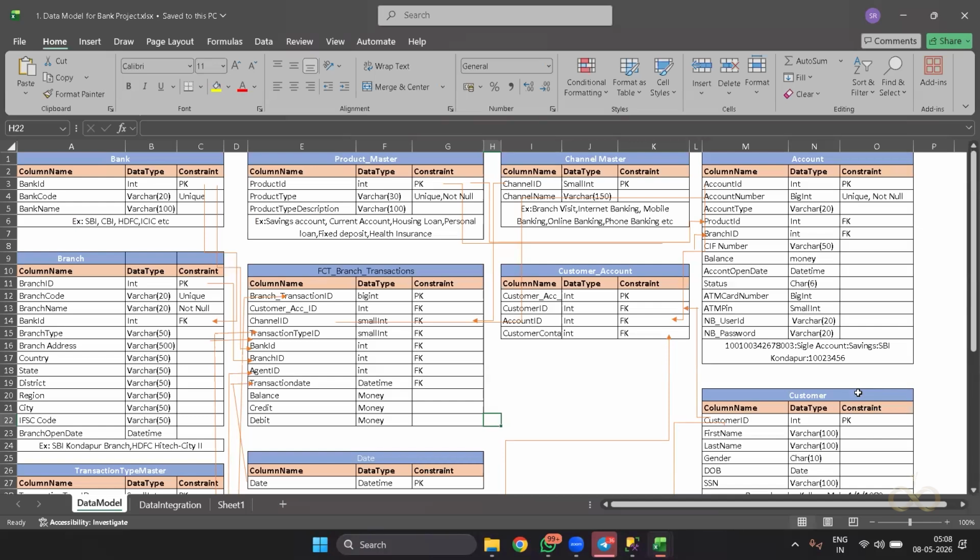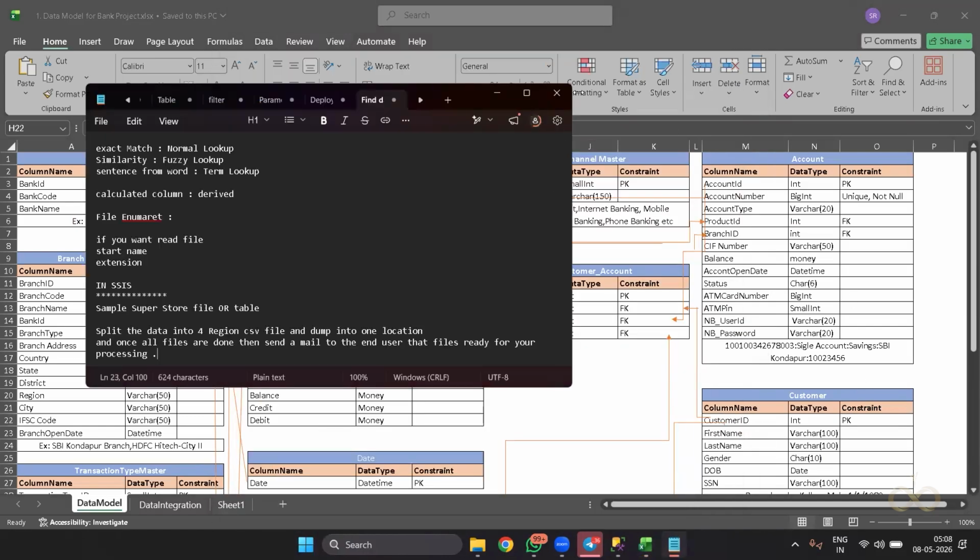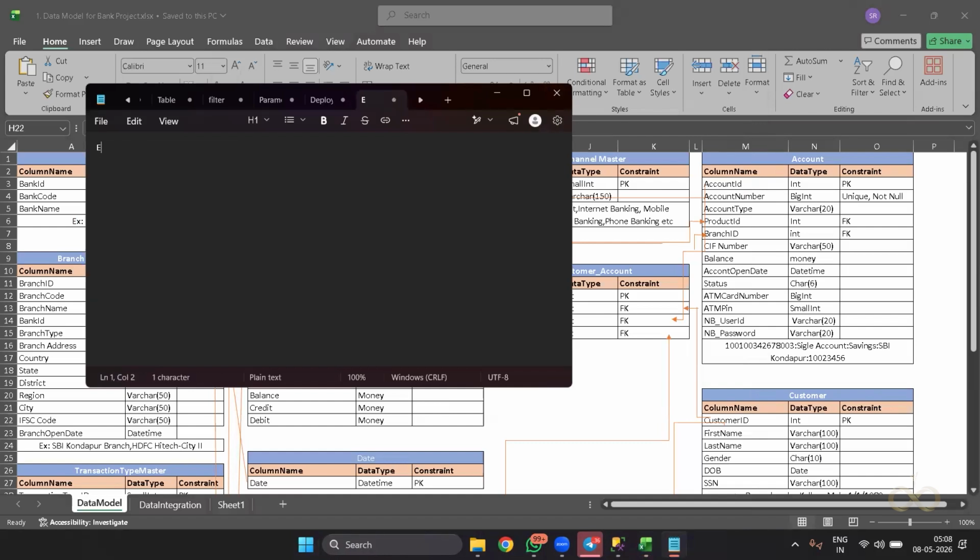Basically, an ER diagram always shows the relationship between tables. So what is the meaning of ER diagram? ER stands for entity relationship diagram.